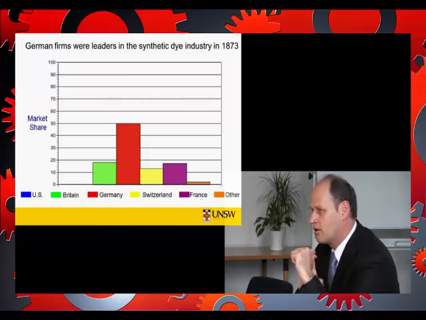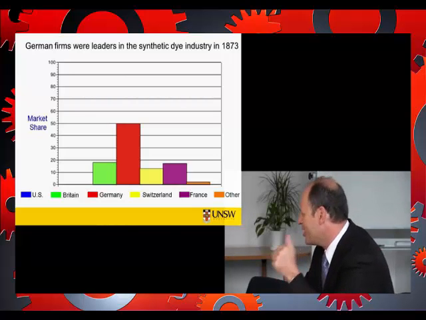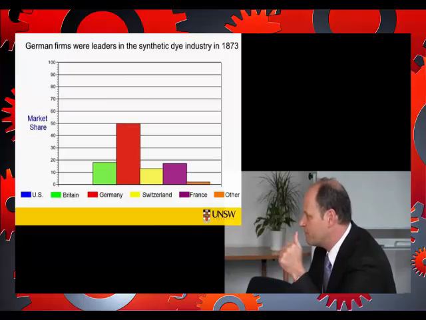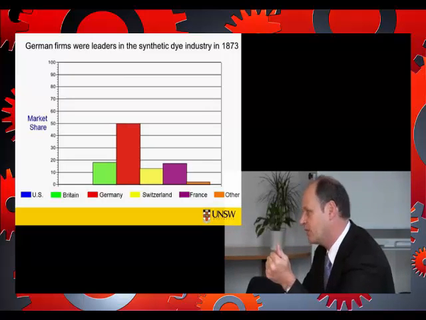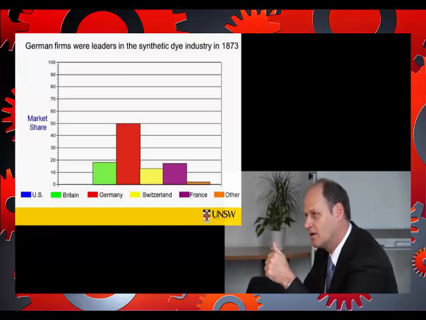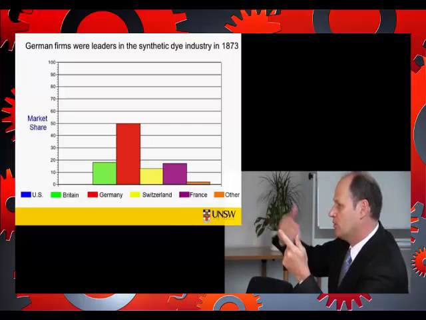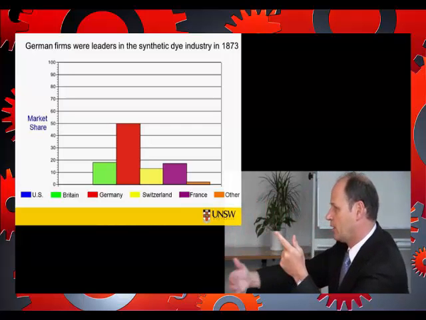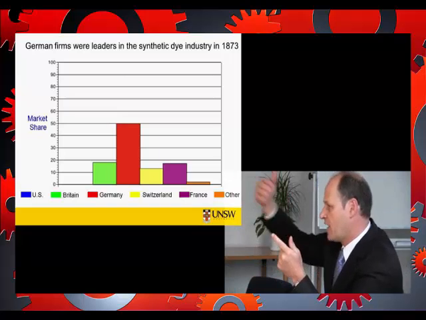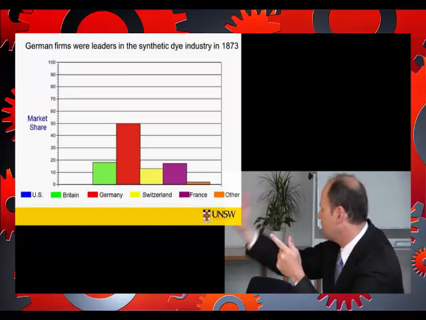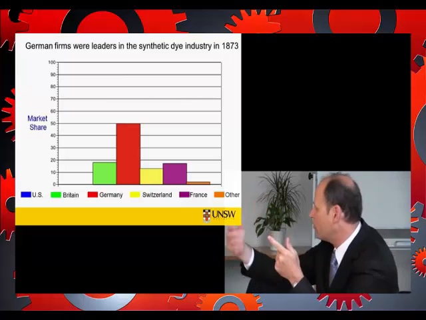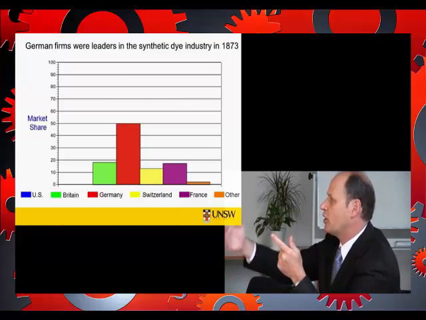In the book I make a lot of arguments, but the key arguments have to do with differences in national patent systems, the fact that Germany didn't have a patent system in the beginning and later on instituted one with only process patents. And secondly, the university system: Germany had more organic chemists, and the German universities and government responded more quickly to increase the number of chemical laboratories at universities and the supply of chemists, which then became really important in staffing the large R&D laboratories.